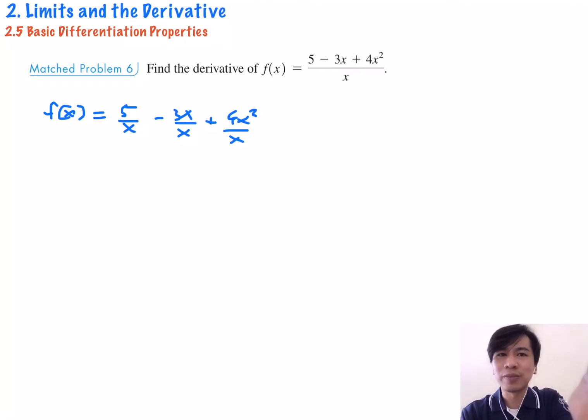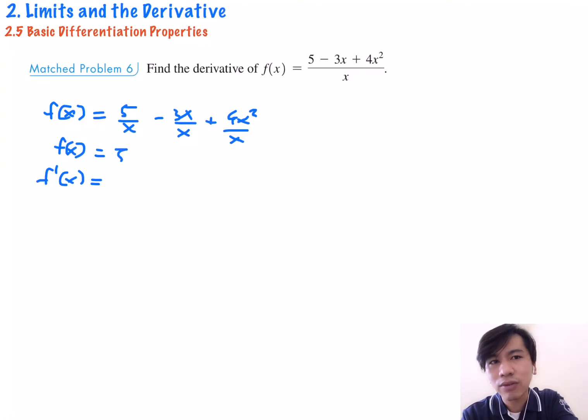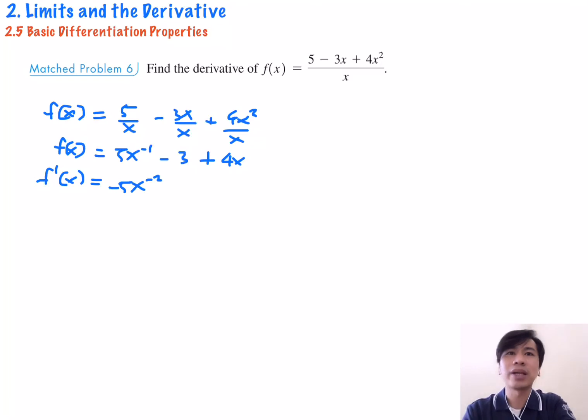So this one, if you can put it this way, you can have f prime of x equal to, let me put it this way first, f of x equal to 5x to the power of negative 1 minus 3, plus 4x. So the first term will be negative 5x to the power of negative 2. Minus 3, the derivative will be 0, and then plus 4x, the derivative will be 4.